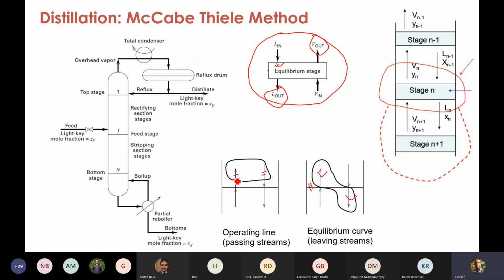So the concentrations of these passing streams are represented by the operating line, and the streams that are leaving, since we assume that they are in equilibrium for an equilibrium stage or ideal stage, these two concentrations will fall on the equilibrium curve.